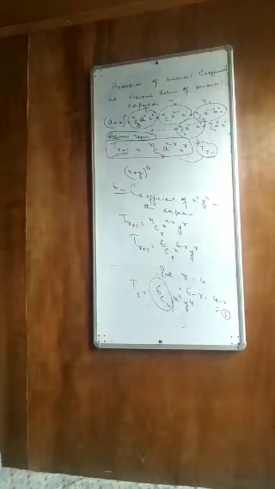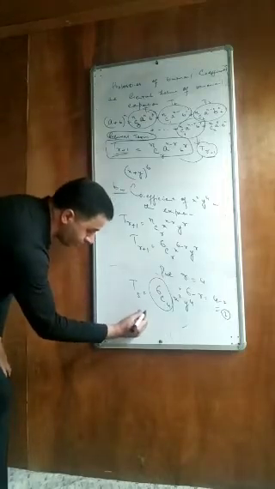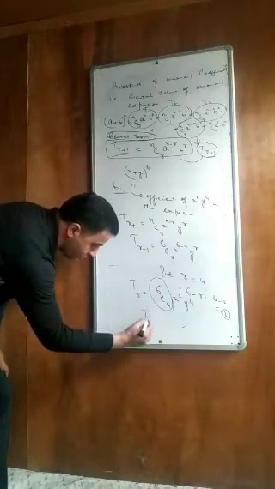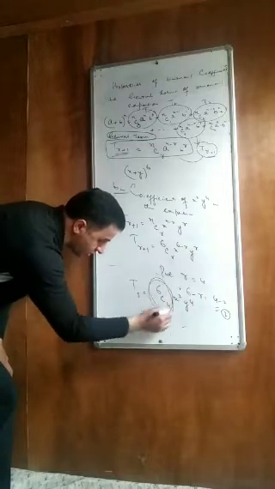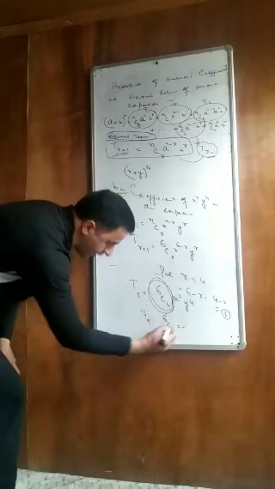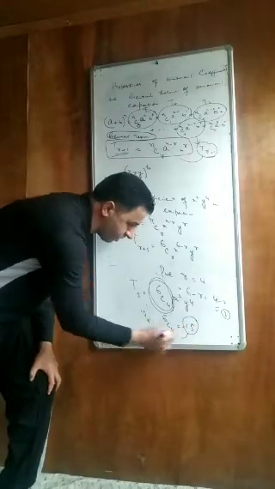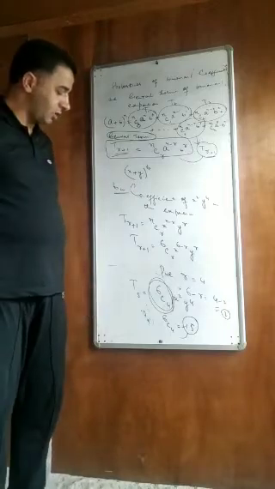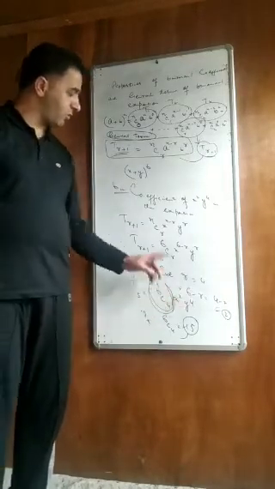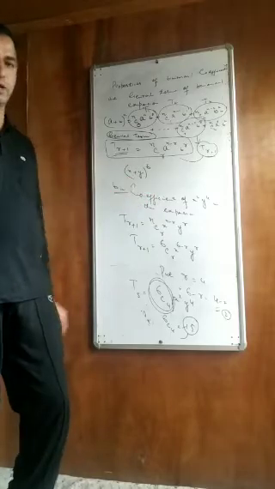You can find it either by nCr or by Pascal's triangle. It is equal to, not 5, sorry, it is 15. So 15 is the coefficient of x square y raised to power 4 in the binomial expansion of (x plus y) raised to power 6.